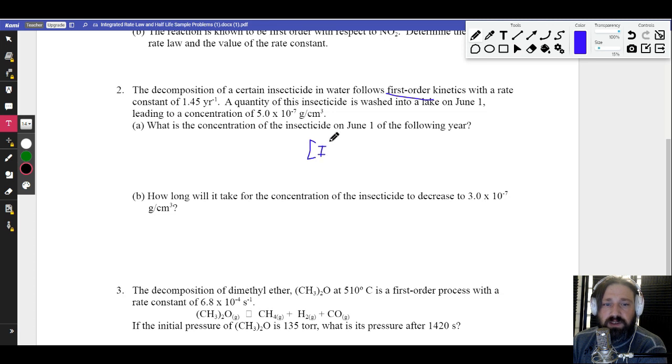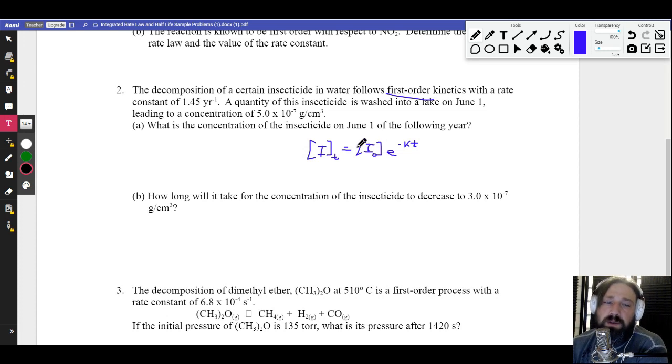The concentration of the insecticide at a certain time is going to equal the concentration of the insecticide initially, e to the negative kt. This is the form of the equation I'm going to use. I just basically took everything to the power of e, or e to the power of everything, to get this.